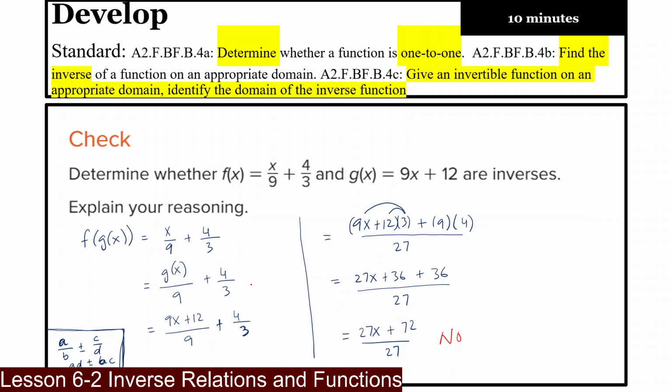Let me give you a couple of minutes to try the other side. We already tried f of g of x, and it shows that f is not the inverse of g. Now I want you to try g of f of x, like the previous example, to see what you get. So here we got that this is not equal to x. So our answer is no.